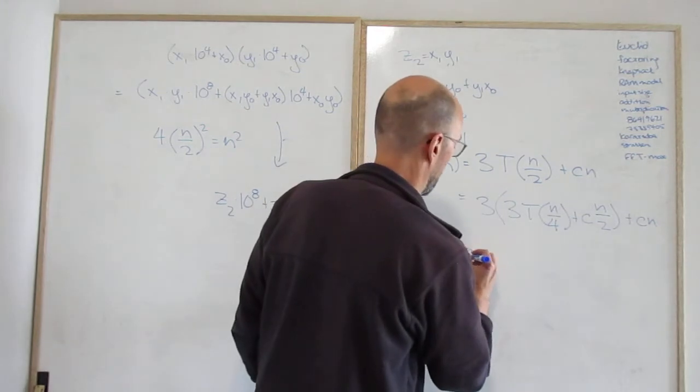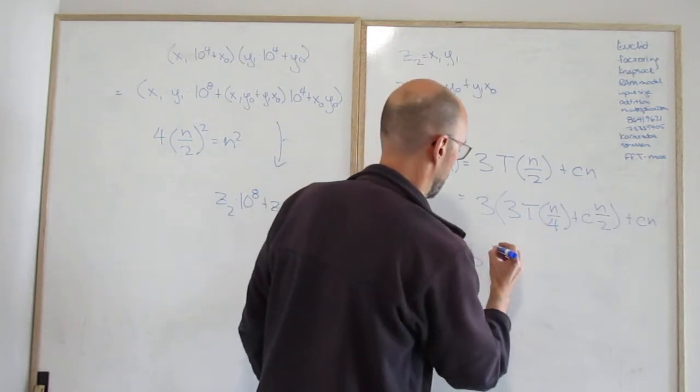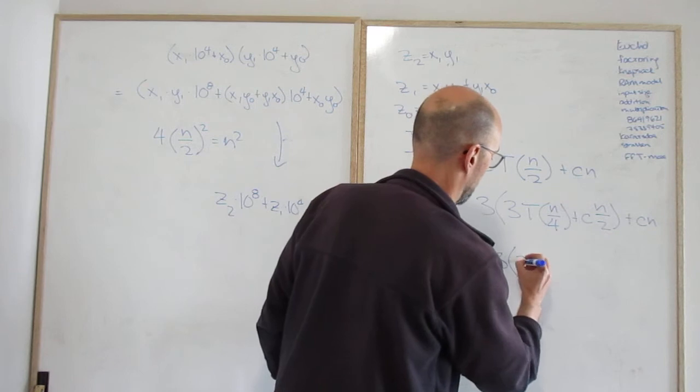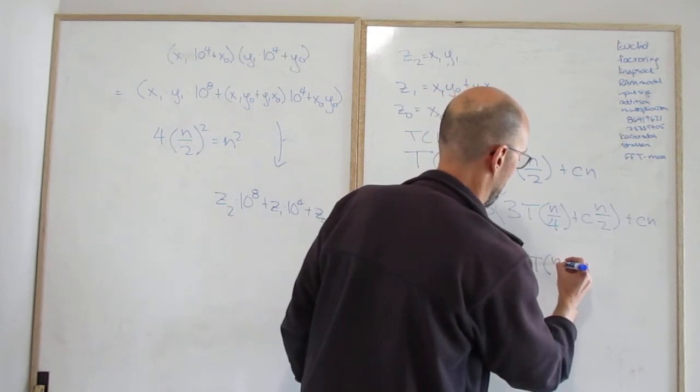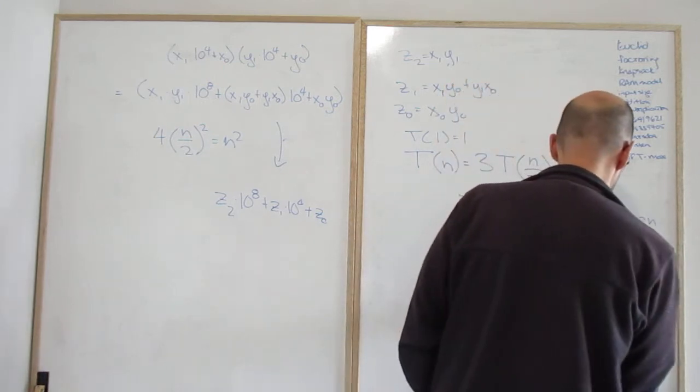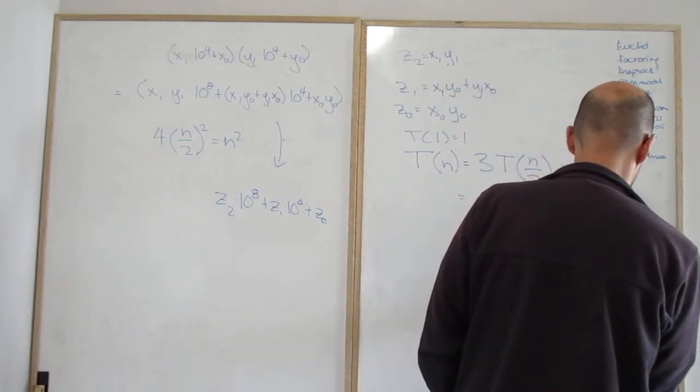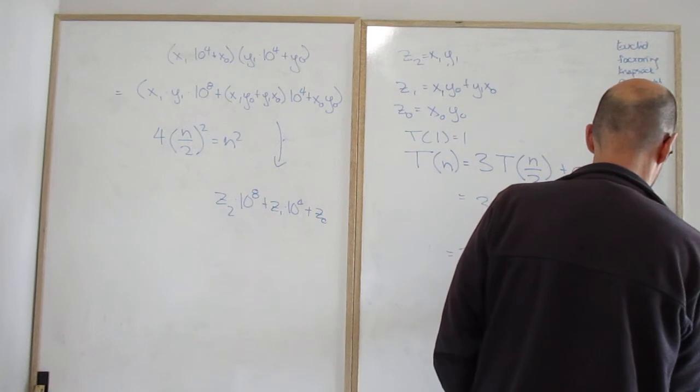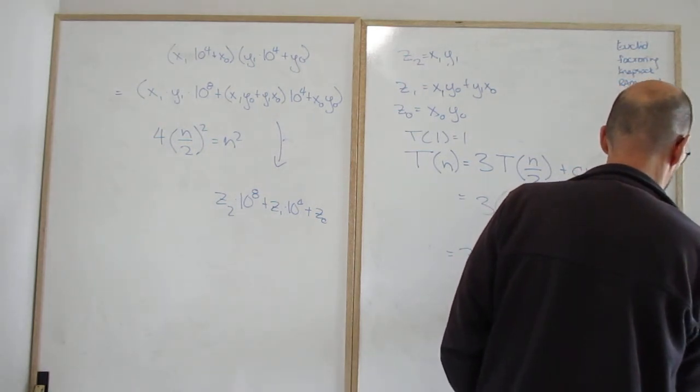Well, that's T(n/8) plus cn/4 + cn/2 + cn.